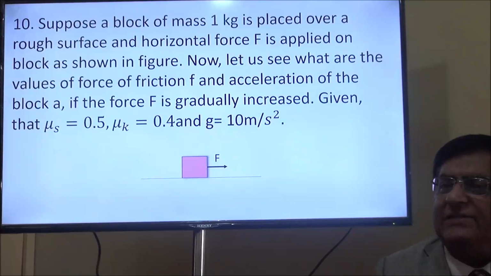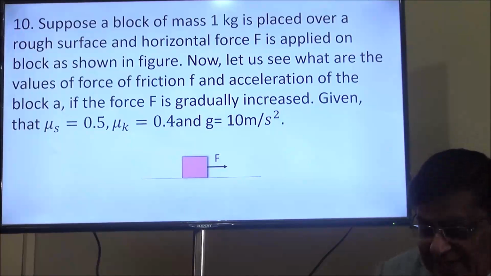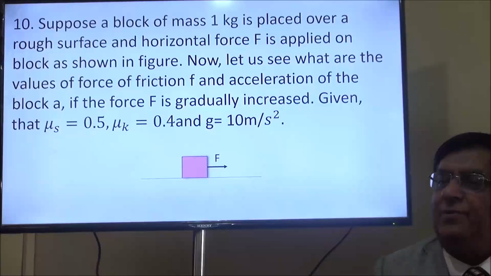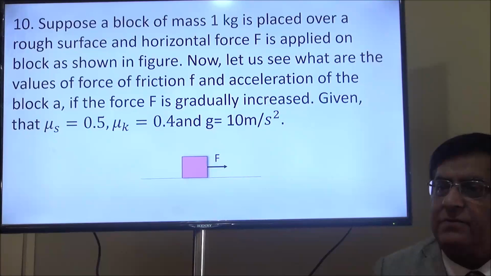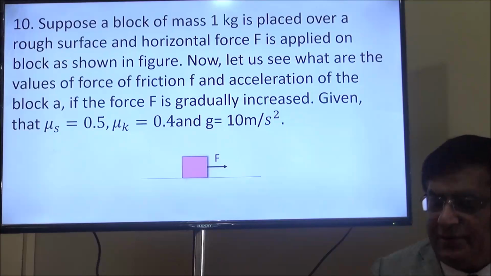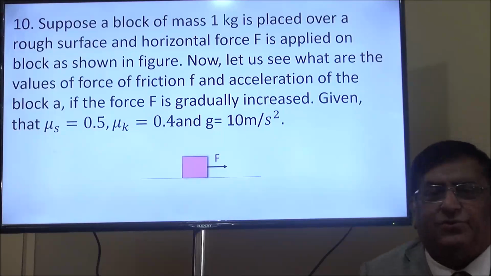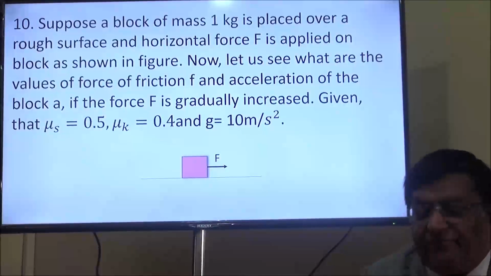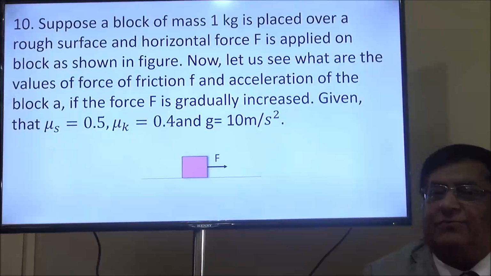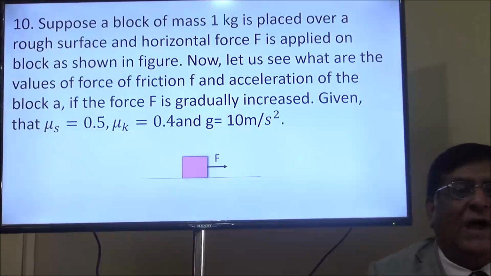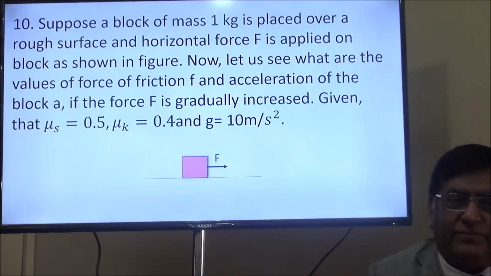If the block mass is 1 kg and mu s is 0.5, what will be the force of friction? Mu into R. Mu into, that is 0.5 into 1 into g, 10. How much does it come to? 5 Newton. So when we increase the force from 0 to 5, there will be no action on this block.